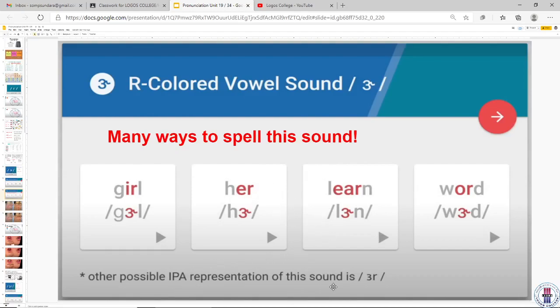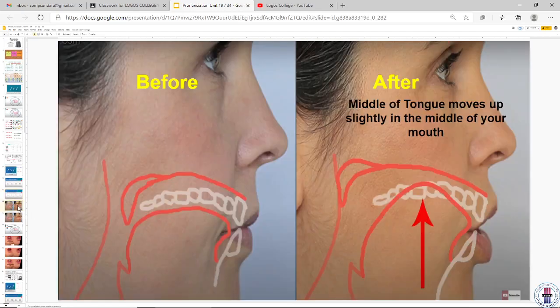Sometimes you'll also see the sound written like this. It looks like a number 3 and then the R sound. All right, first, let's take a look at the way the British would do it. So the British, this is before and then this is after. They don't pronounce the R sound.